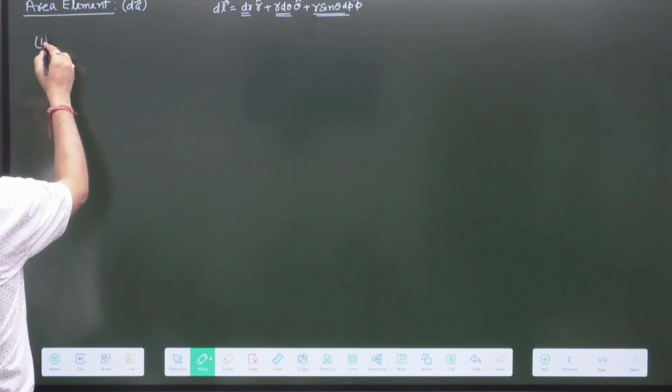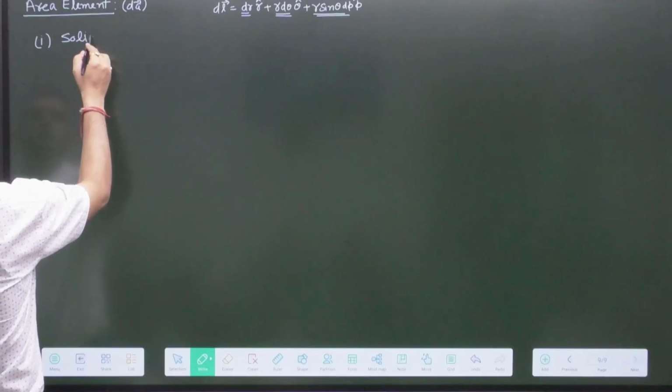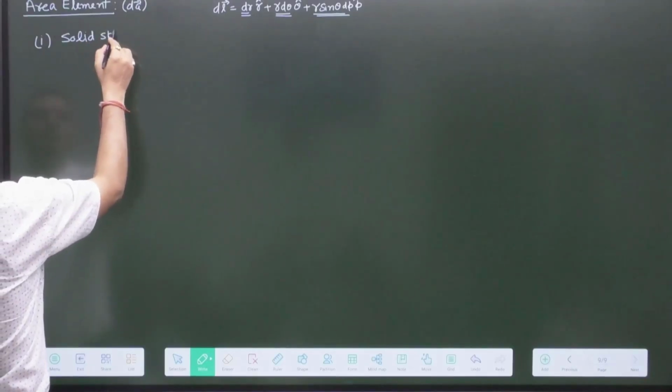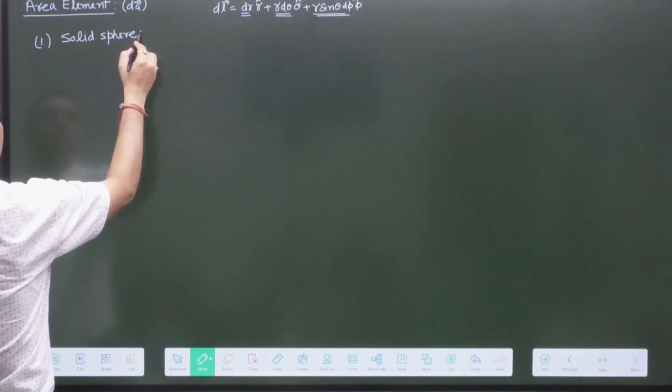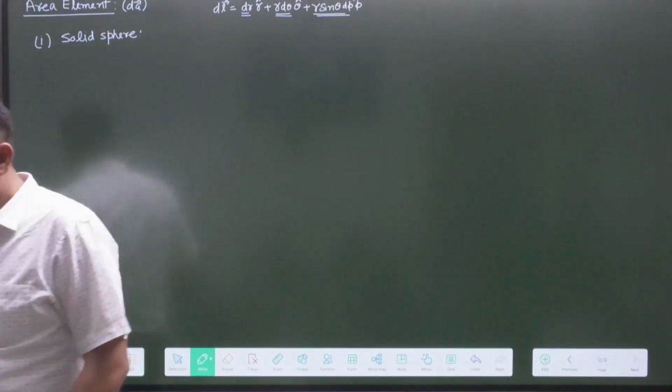First example is you have a solid sphere.